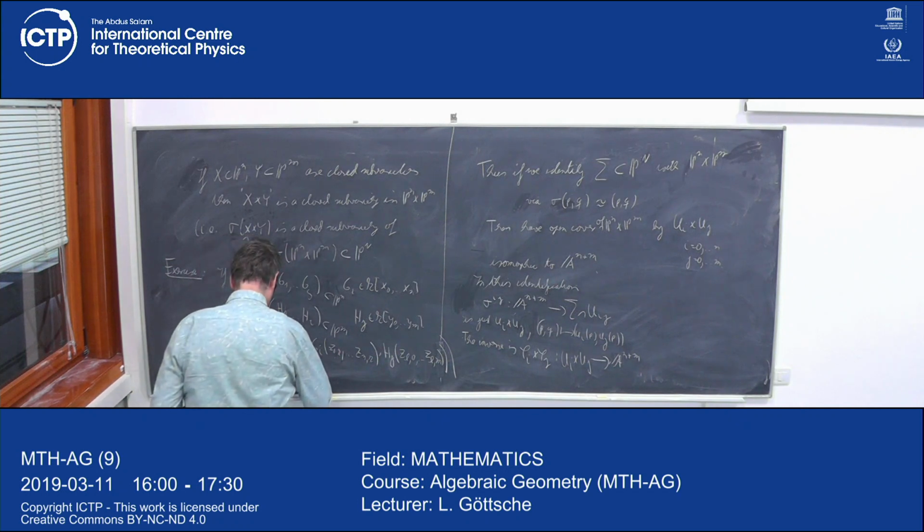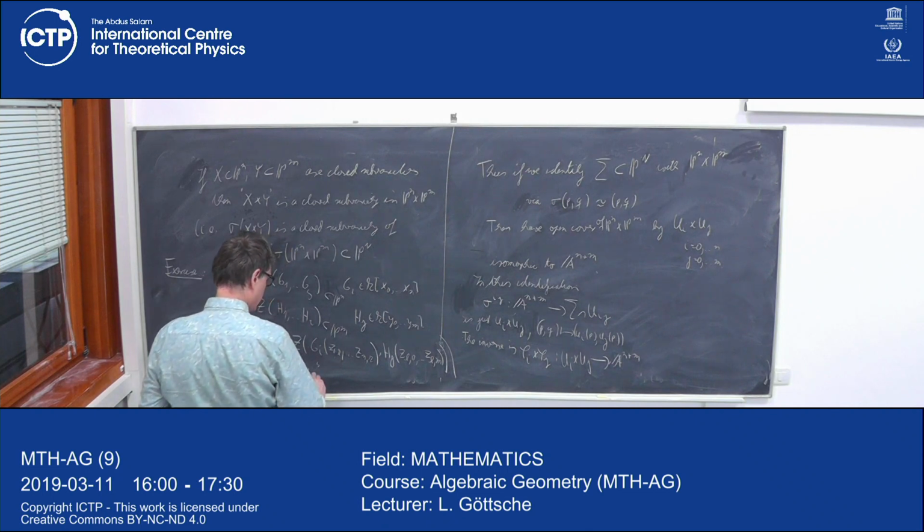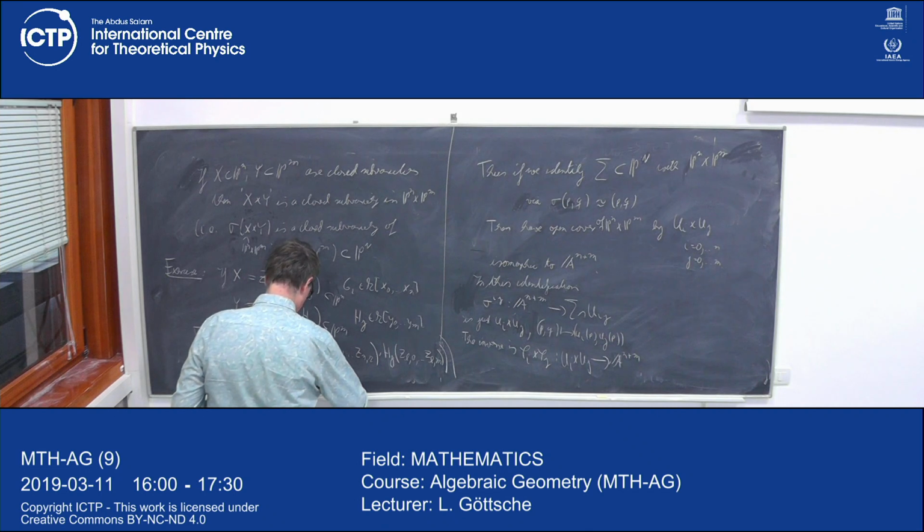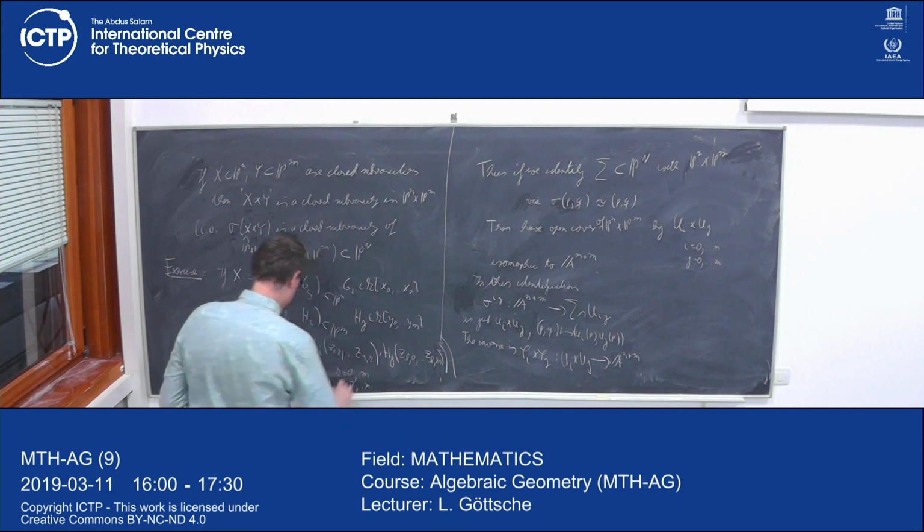So i equals 0 to s, j equals 0 to t, k equals 0 to m, l equals 0 to n.